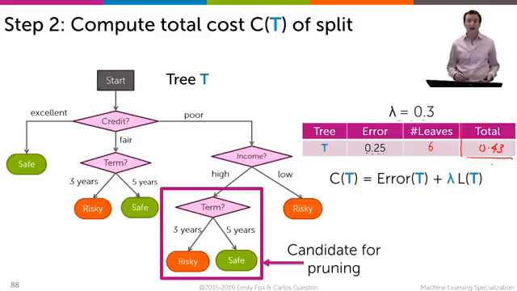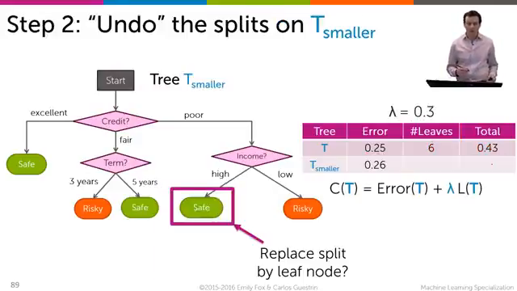Now, let's see what happens after we do the pruning, if we were to do the pruning. Let's say that the smaller tree, where the last decision is being pruned, has slightly higher training error. So the training error goes up to 0.26. You're like, should I really do it?